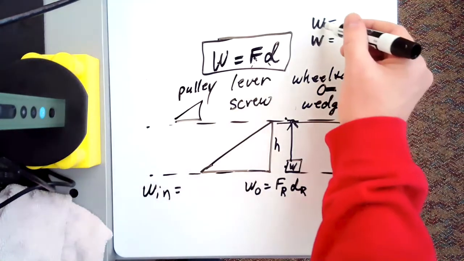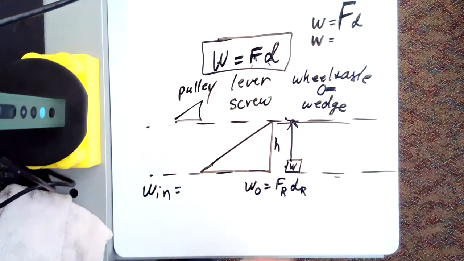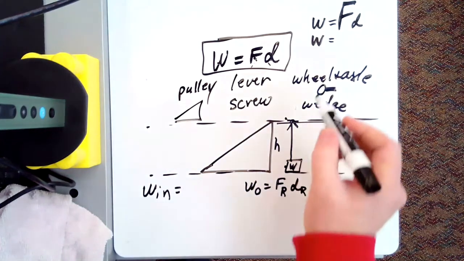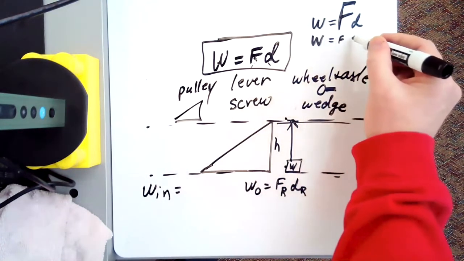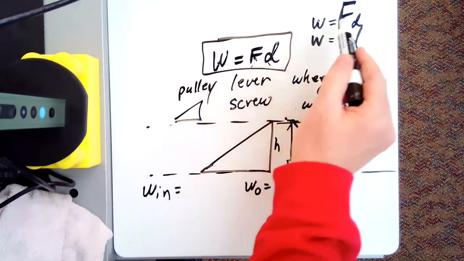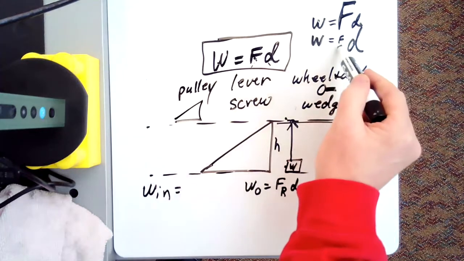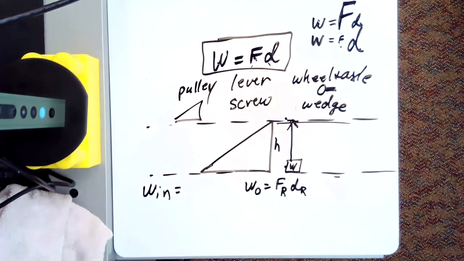So I could get this W by taking some really big force times a little distance, okay? I get the exact same work by using a little force times a big distance, right? Does that make sense? I can get the same number here. This could be big and that could be small, or this could be small and that could be big, but they still multiply out to the exact same amount of work, okay?